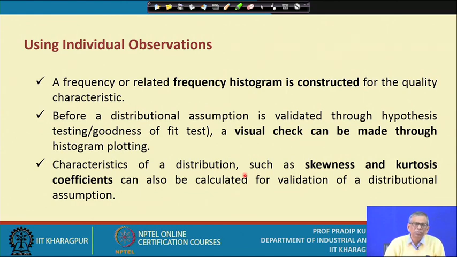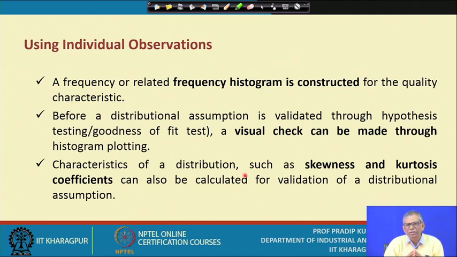But prior to carrying out this goodness of fit test, a visual check can be made through histogram plotting. That means first you look at the histogram, and then you conclude what could be the possible distribution. This is subjective, but the subjective assessment is a must before you go for objective analysis.